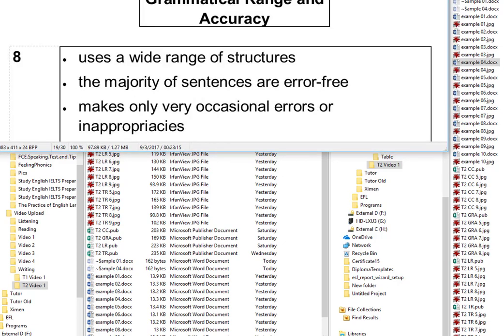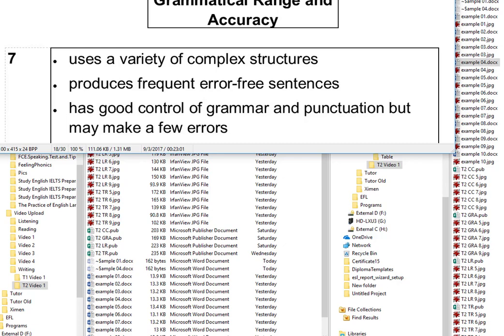Let's see if we can get an 8. The majority of sentences are error-free, makes only very occasional errors or inappropriacies. While the problem here is with the very occasional. Maybe very occasional is not appropriate for this, more than very occasional.